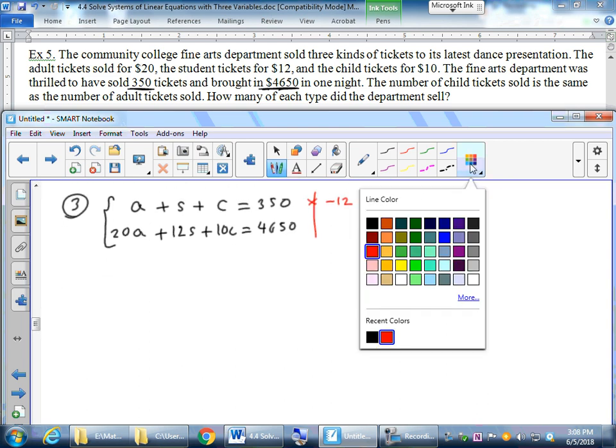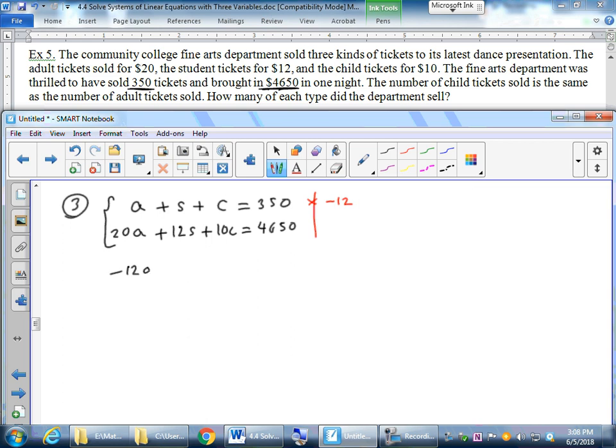So this gives us negative 12a minus 12s minus 12c is equal to 350 times 12. That will give me negative 4,200.